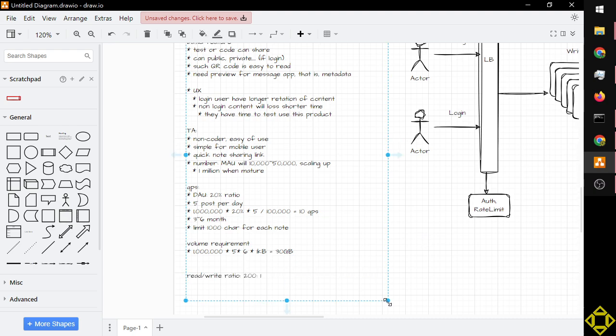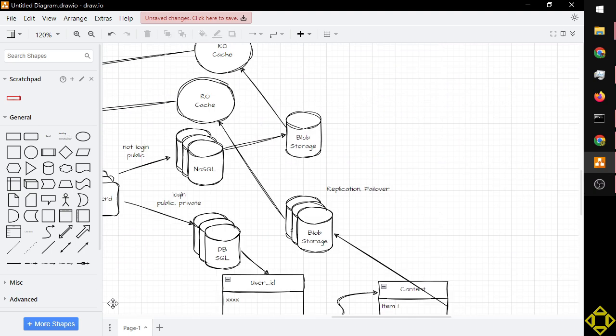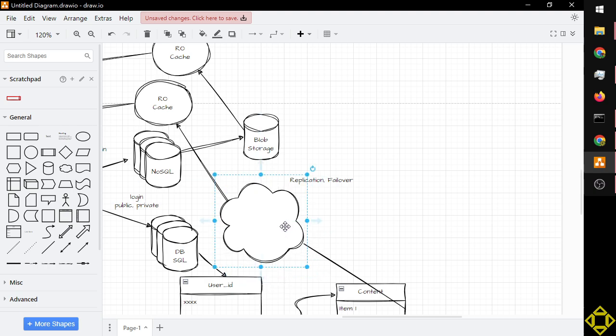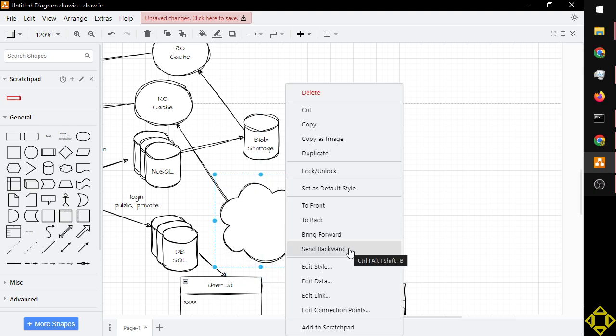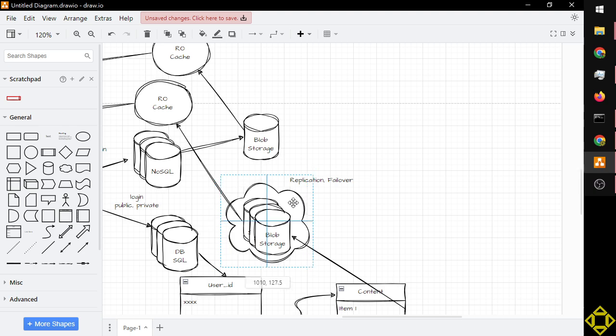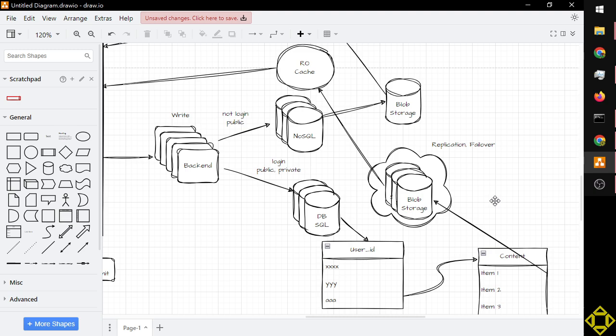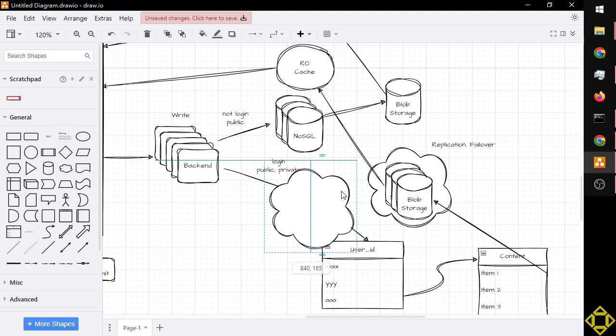2. Blob storage replication. Using cloud services for blob storage replication is a good choice for ensuring high availability and durability. Cloud providers like AWS or Google Cloud already have built-in redundancy, but it does come at a higher cost. Since logged-in users will have more data stored, ensuring that content is reliably accessible and backed up is key to offering a smooth user experience. 3.